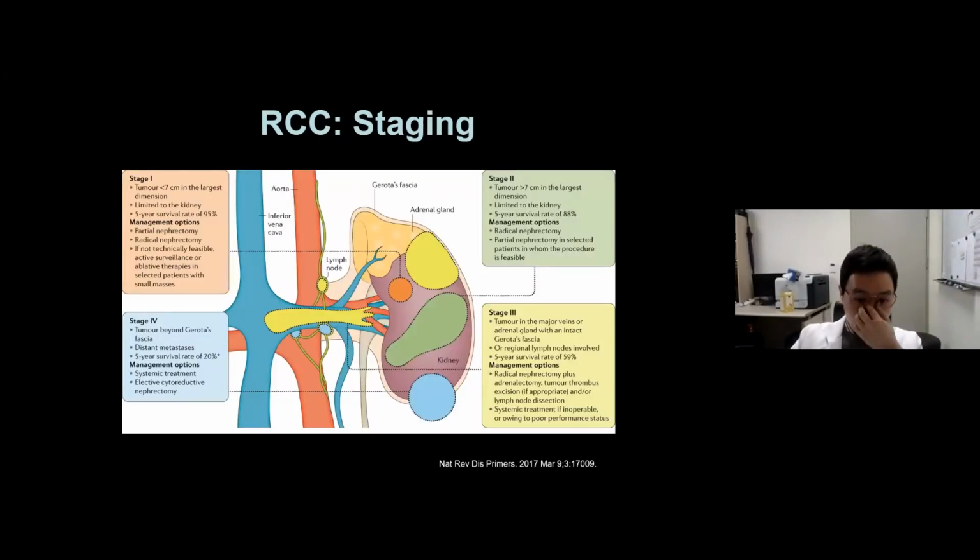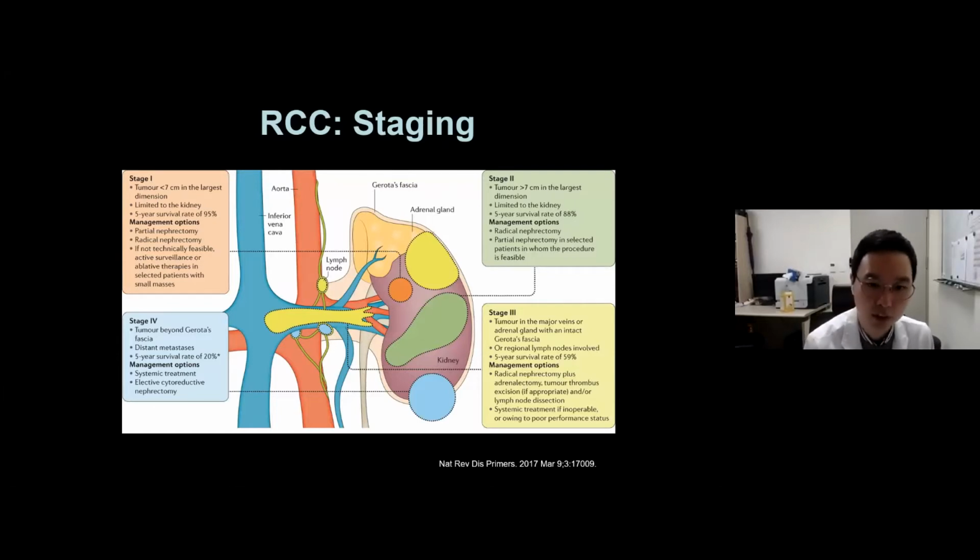So now we would like to move on to the staging of renal cell carcinoma. Staging is based on size, position, and lymph node involvement.